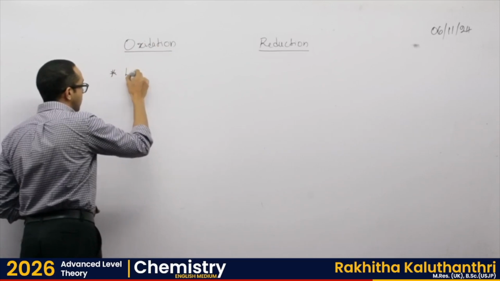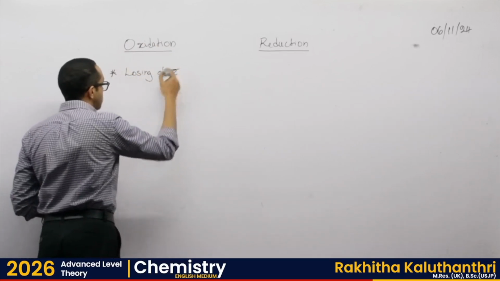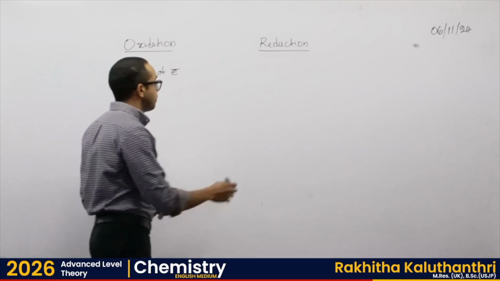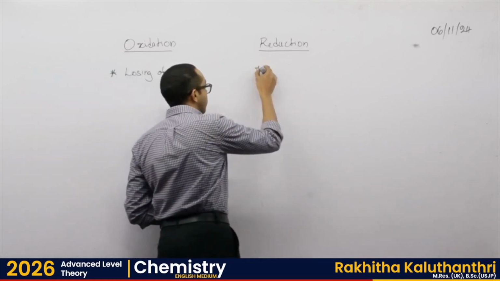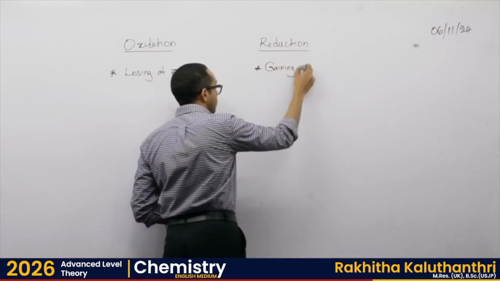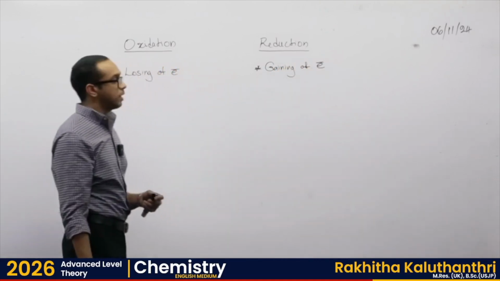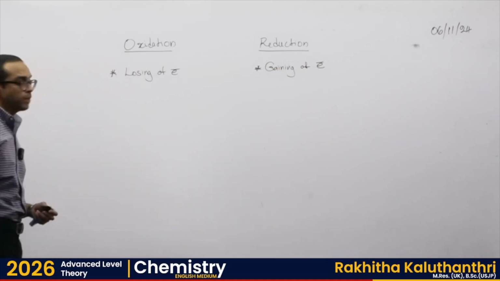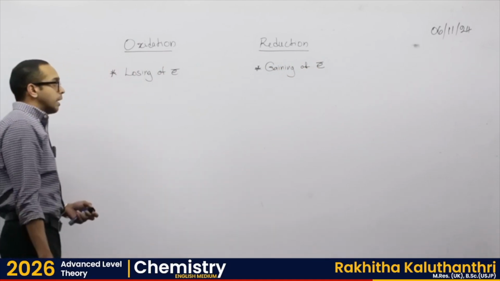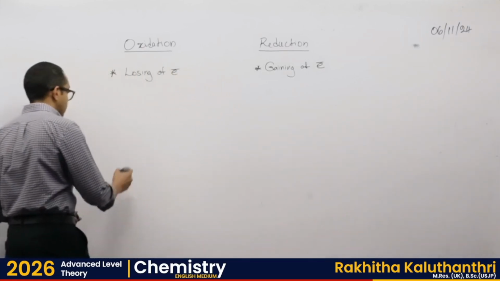So losing of electrons is referred to as oxidation, and gaining of electrons is referred to as reduction. Losing of electrons is referred to as oxidation, gaining of electrons is referred to as reduction.